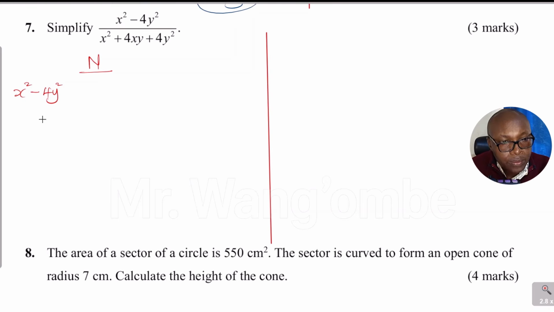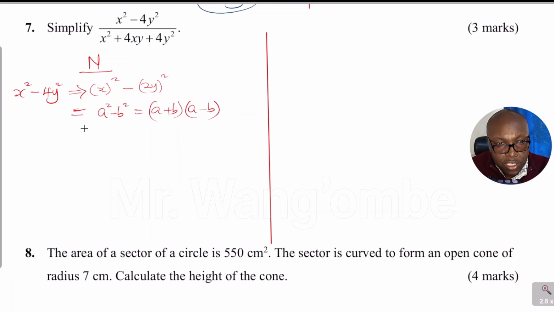How do you know that? Simply because when you look at x squared, that is a square of x. Then when you look at 4y squared, that is a square of 2y. So that is why we call this difference of 2 squares. You are subtracting the 2 squares. How do you factorize these? Now to factorize these, recall that given an expression like a squared minus b squared, you take a plus b multiplied by a minus b.